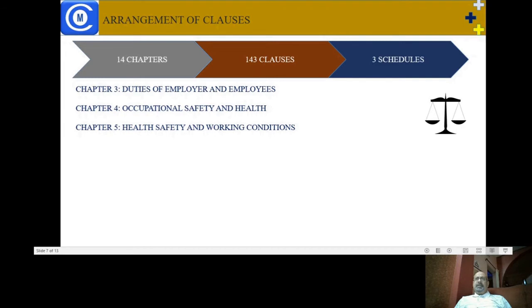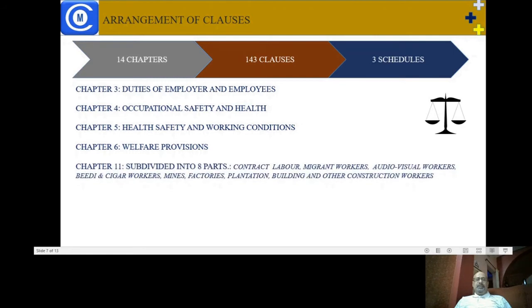Out of that, Chapter 6 is the Welfare Provisions, and Chapter 11 actually focuses on different sector specific codes: contract labor, migrant workers, audiovisual workers, bidi and cigar workers, mines, factories, plantation, building and other construction workers.